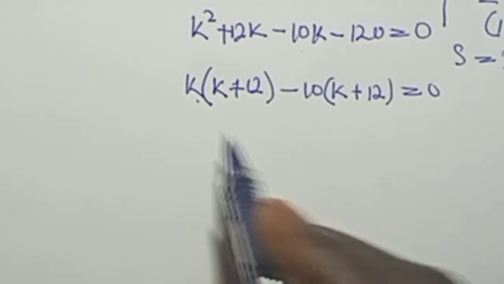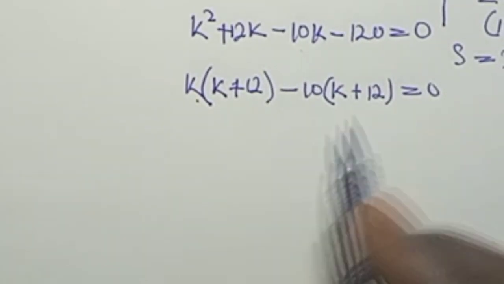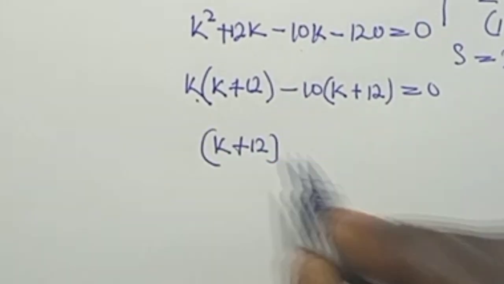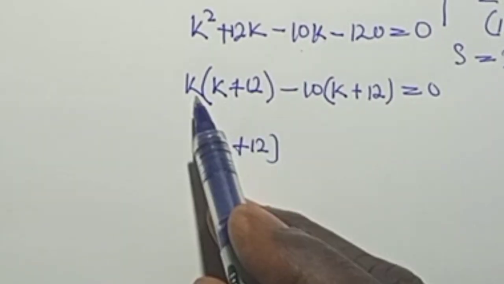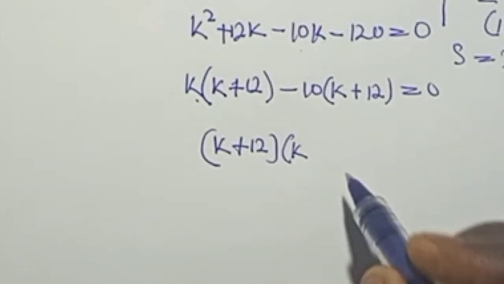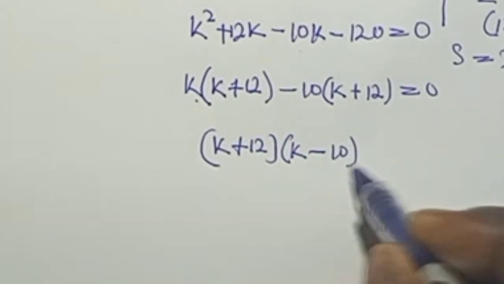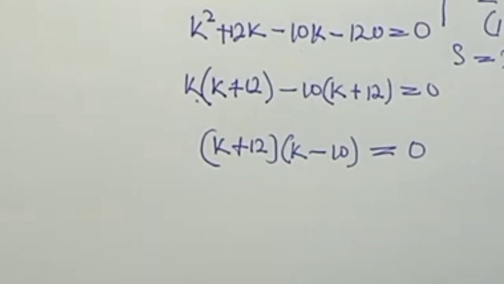So the common term is k plus 12, which we write once as k plus 12 in bracket. After writing k plus 12, what is left is k, and what is left is minus 10. Close the bracket, all equal to 0.